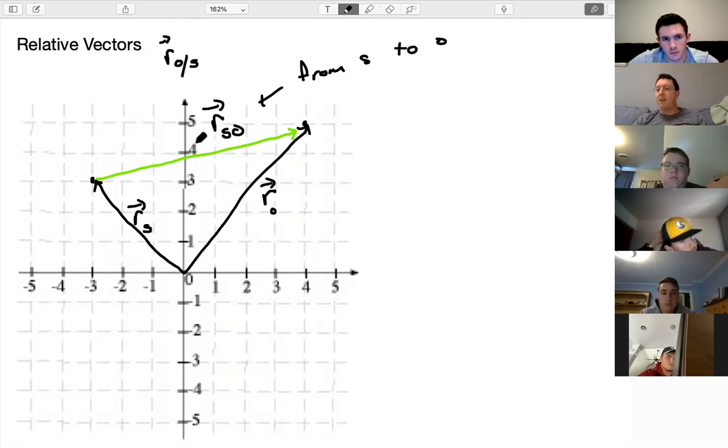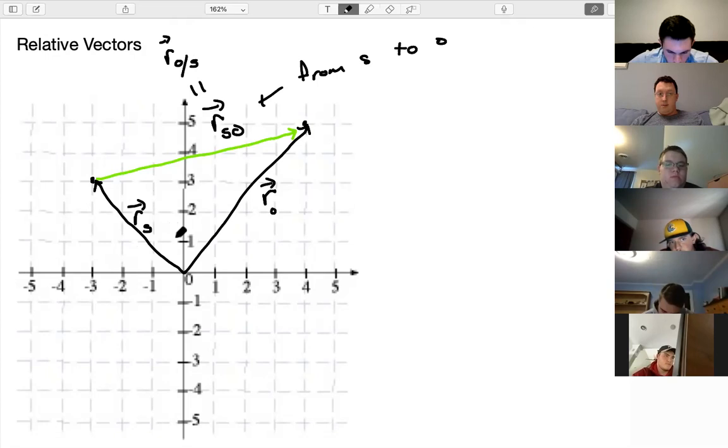These are the same, but in physics I'm going to write it this way. RSO goes from source to observer, and the way you read it is the observer relative to S. That's just how I'm going to write it.